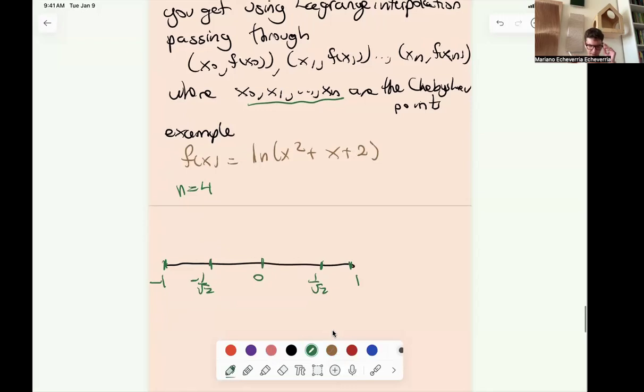And so you would find the Lagrange polynomial through those 5 points.